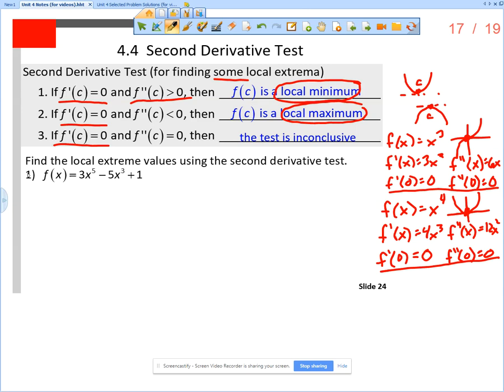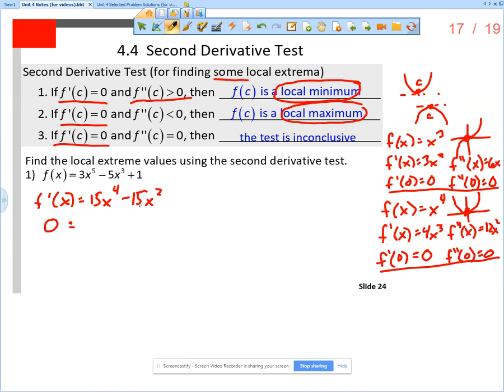All right, so this example says find the local extreme values using the second derivative test. So that means what? Well, first of all, find f prime and set it equal to 0, right? So f prime of x would be 15x to the fourth minus 15x squared. Remember, all of these start with f prime of c equals 0. So we want to set this equal to 0 and solve.